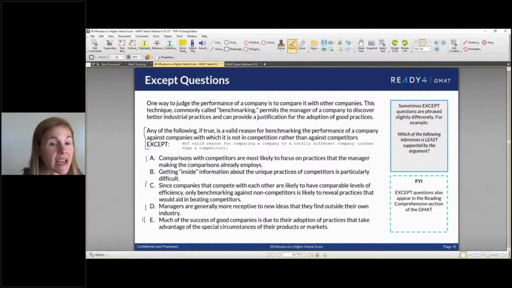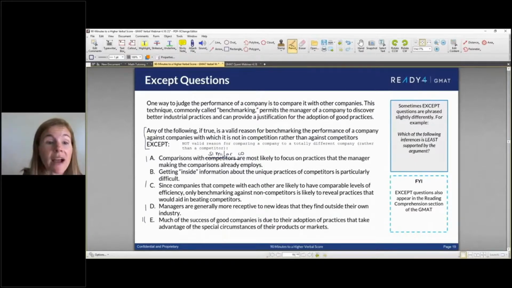Okay, so here they're saying if you compare with a competitor, meaning a similar company, you're most likely to focus on practices the manager making comparisons already employs. So this is saying if you compare yourself to a similar company, you aren't going to learn anything, right?